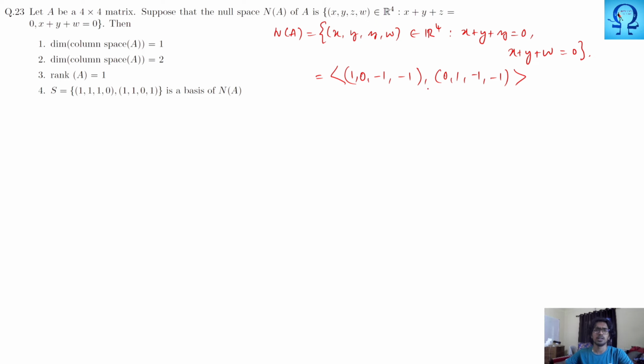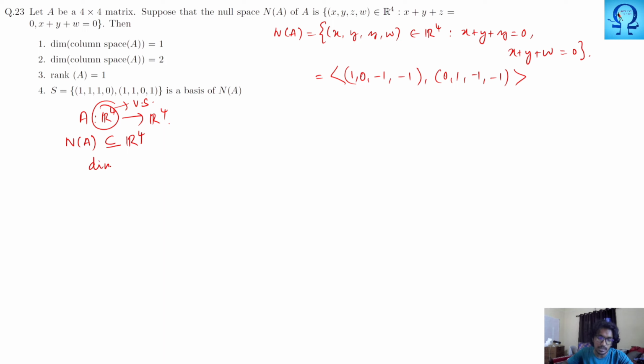If you are able to get this ideology, you may think in this way. A is a mapping which can be treated from R4 to R4, right? So we can treat this as a linear transformation. Now null space of A is a subset of what? The domain, right? So this is basically a vector space. Null space of A is a subspace of R4.